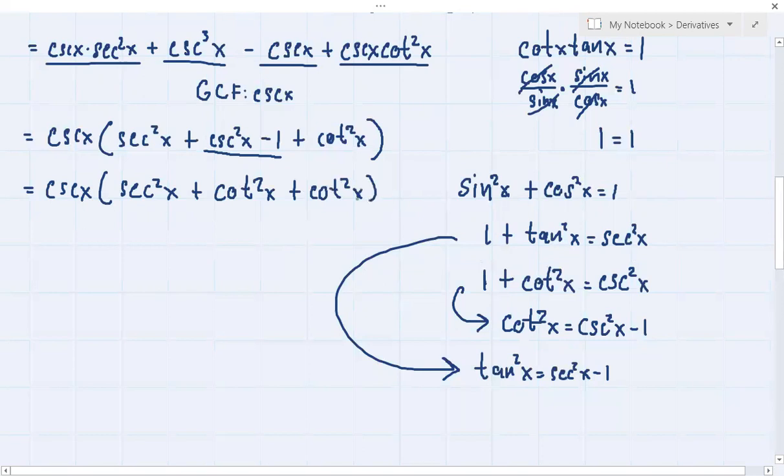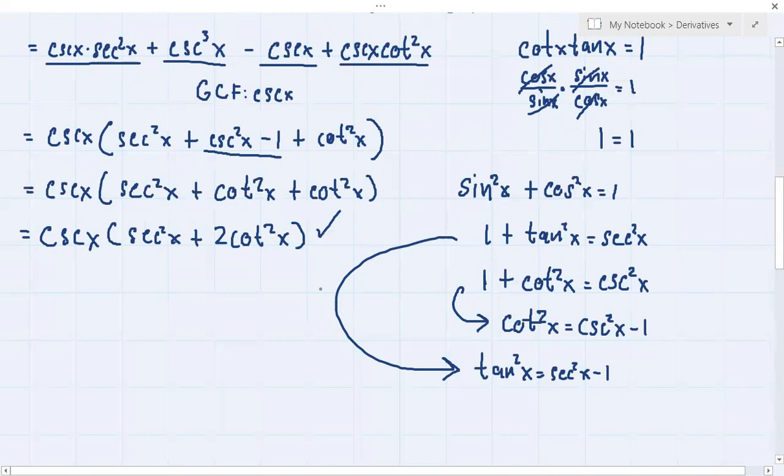And since these last two terms are similar to each other, we can add them together. Therefore, we will have secant squared x plus 2 times cotangent squared of x. That is the result, and that will be our simplified answer.